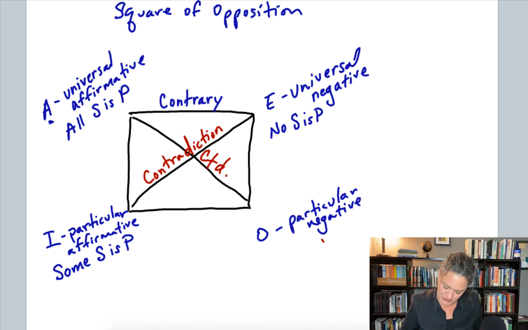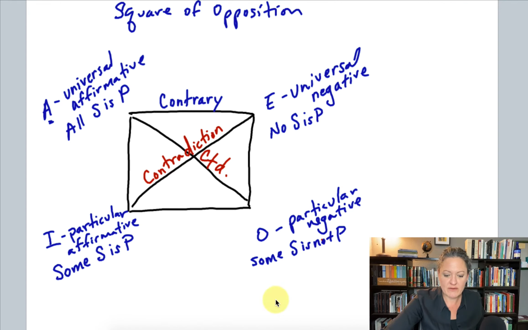But that wouldn't be true, right? Some S is not P, where S and P stand for subject and predicate terms, concepts. Put them in there. Okay, I would like you to know this square of opposition, know what it looks like, know what A, E, I, and O statements look like.